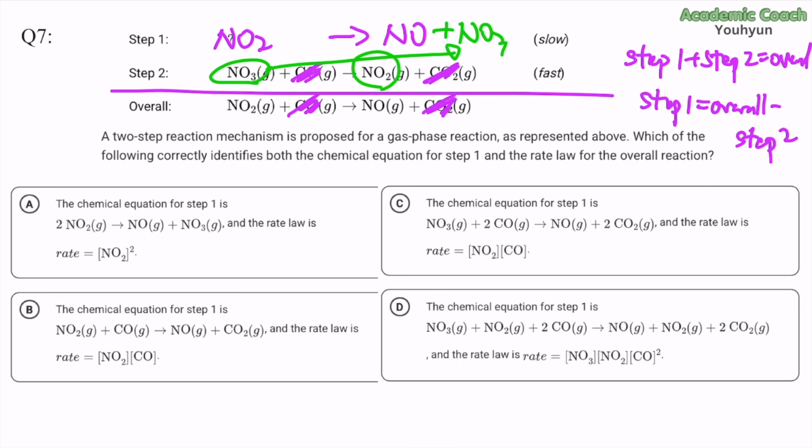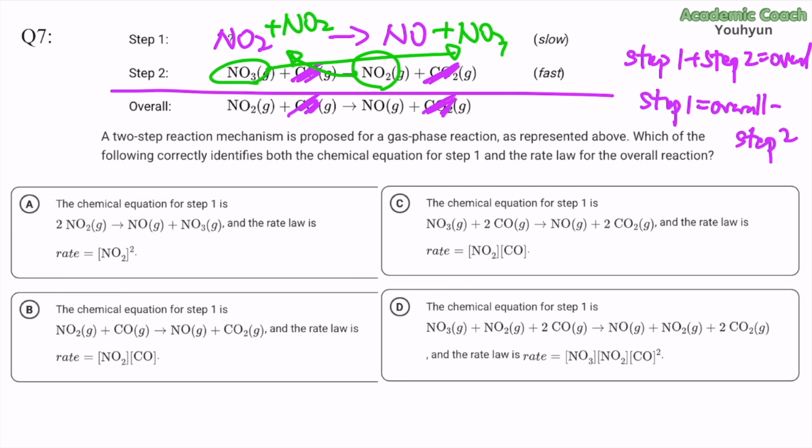And then NO2 on the product side for step two goes to the reactant side for step one. So this should be how it looks for step one. And this makes sure that NO2 in step one cancels out with NO2 in step two, and NO3 in step one cancels out with NO3 in step two. Then eventually you are left with NO2 on the reactant side and NO on the product side.